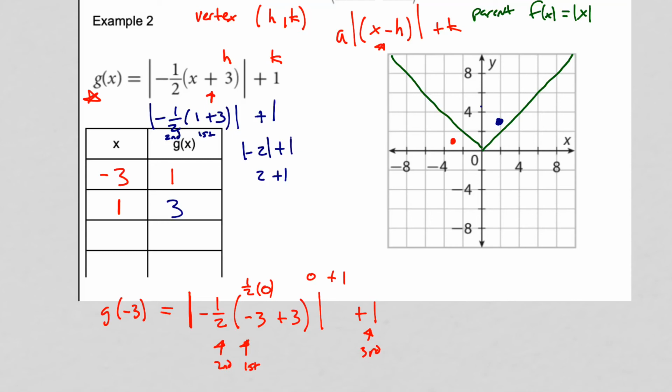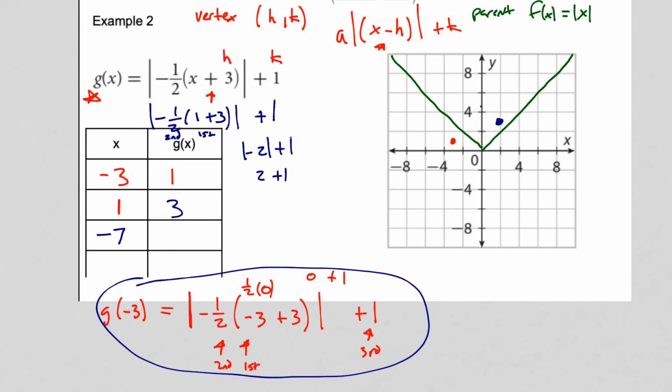And on the other side of the graph, if this was at -3 and I went to 1, there's probably going to be some symmetry over here at -7. So let me try -7 for x. This work here was me confirming the vertex. This work here is me confirming that second point.